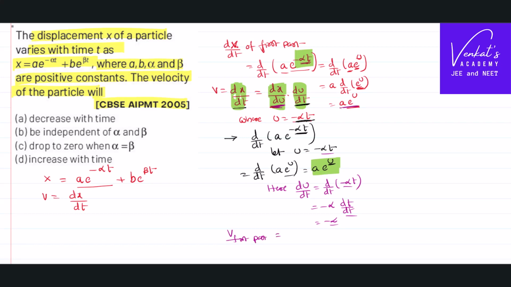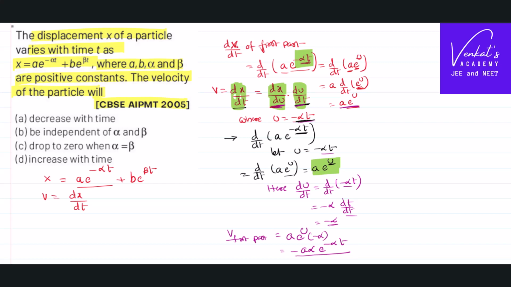What's dx by du? a into e power u, and du by dt, that is minus alpha. But in the place of u, I can substitute the original value of minus alpha t. So your answer will be minus a alpha e power minus alpha t. That's the velocity of the first part.